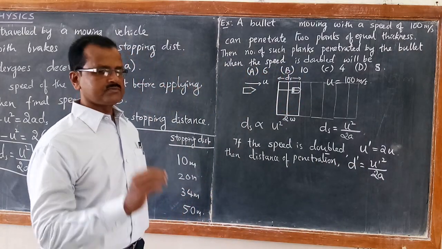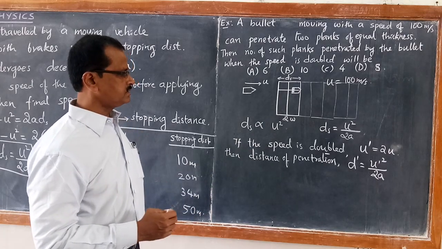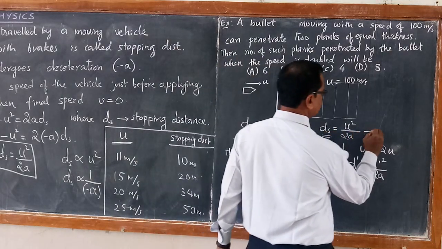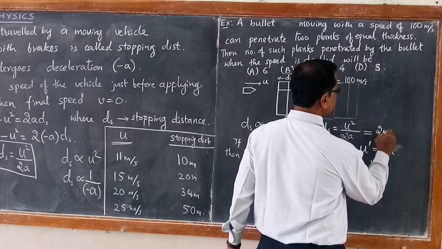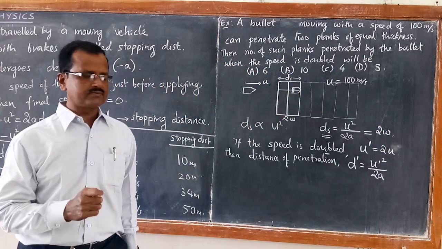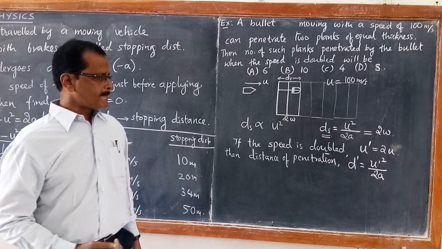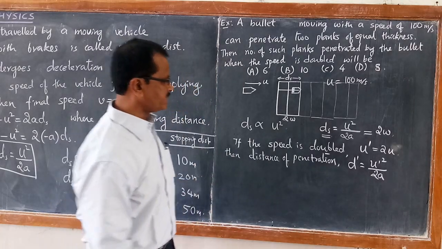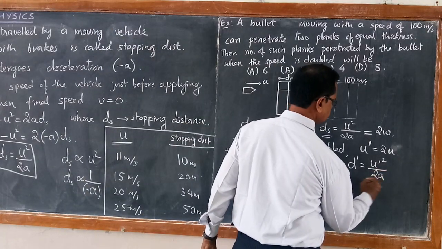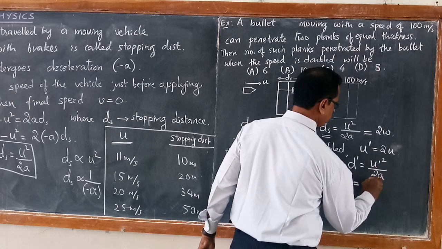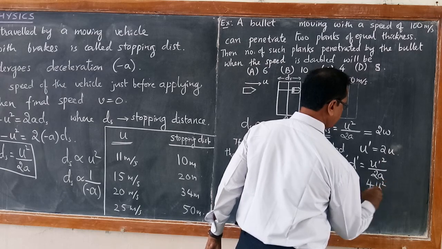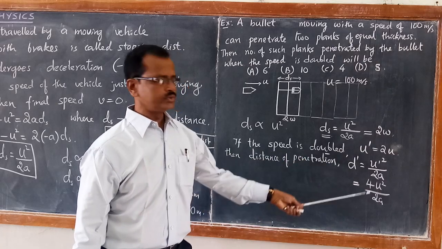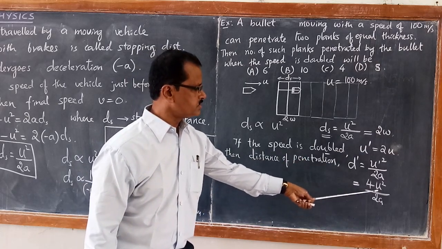Now this ds is given in terms of width of 2 planks, that is 2 times width of each plank. They are of equal width, therefore 2 times width of each plank. Now substitute the value of u dash. If you substitute the value of u dash, then it becomes 4 times u square upon 2a, because u dash is 2u, so 2u whole square becomes 4 times u square upon 2a.